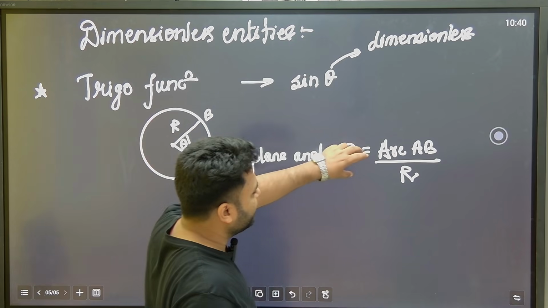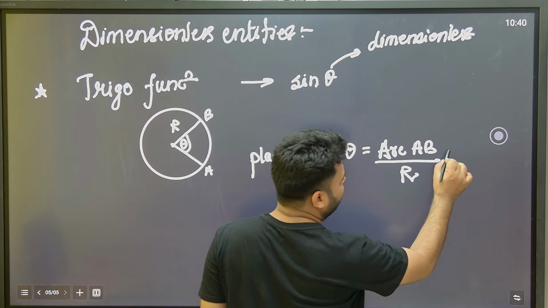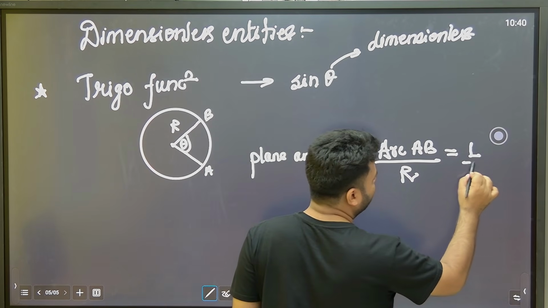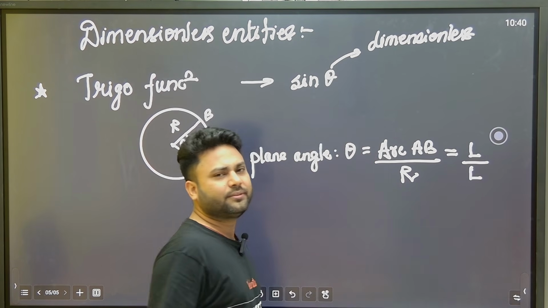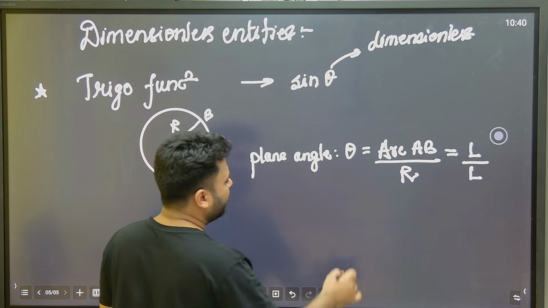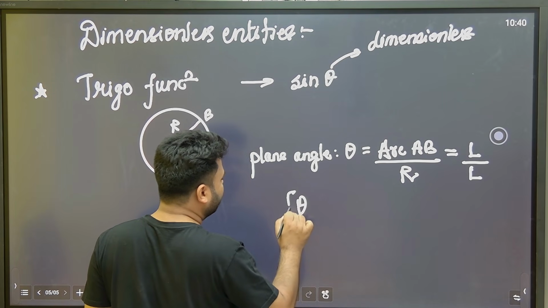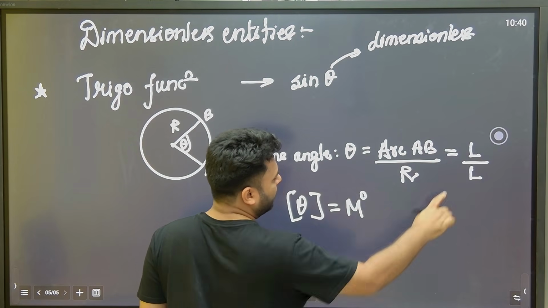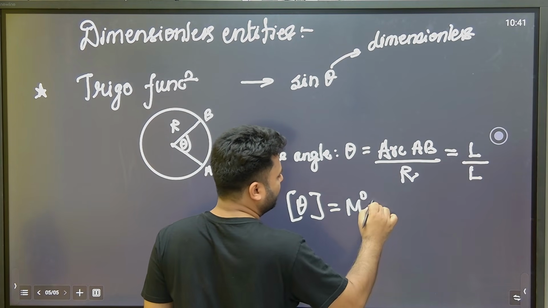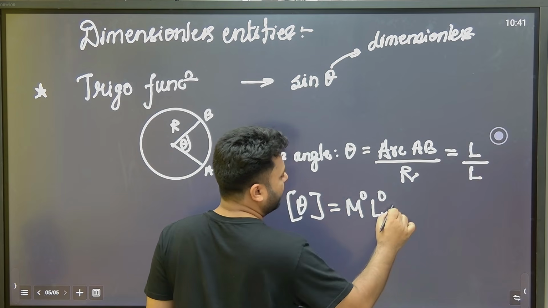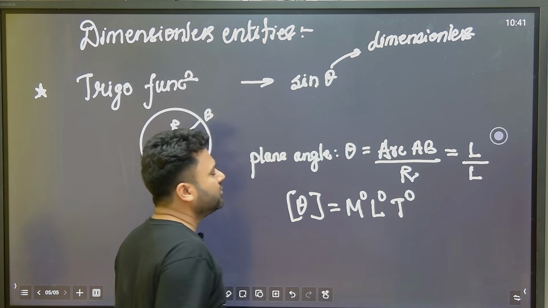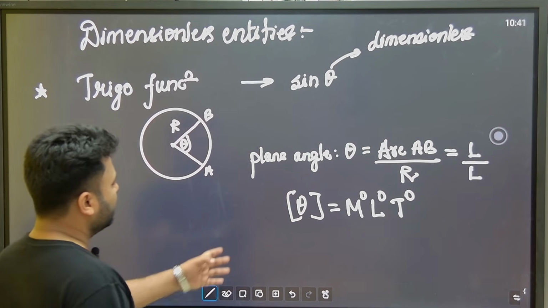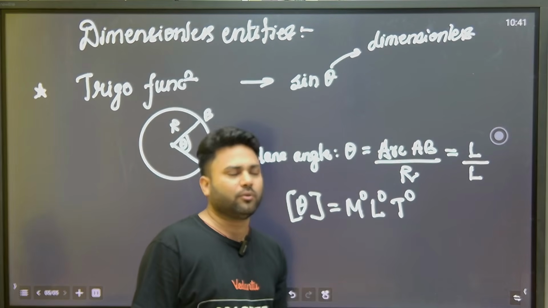Now this arc length AB will have the dimension of length, and this radius also will have the dimension of length. So if someone asks what is the dimension of theta, there is no mass, so M to the power 0, L 1 minus 1 is 0, and there is no time, so 0. So the dimension of any theta is always M0 L0 T0.